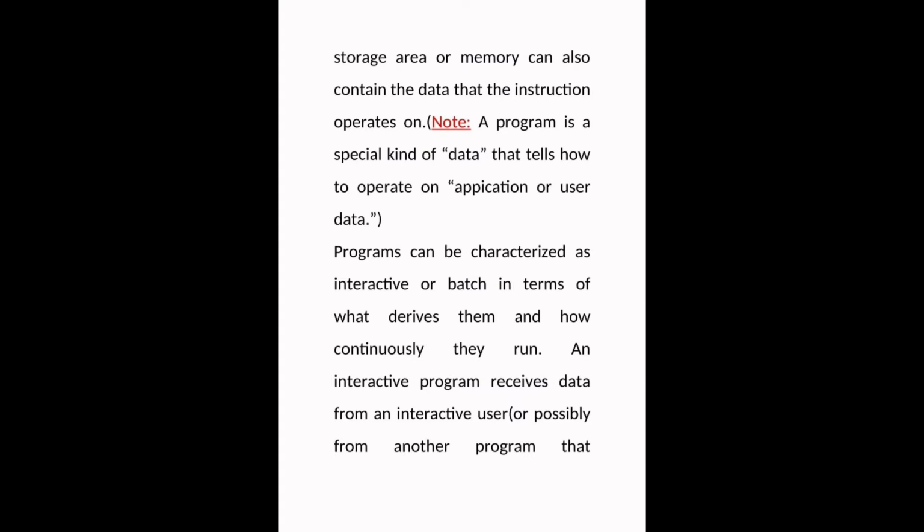A program is a special kind of data that tells how to operate an application or user data. For example, in our computer we click the document of ours, then the compiler activates. The program related to that document is written in high level language, which is human understandable.